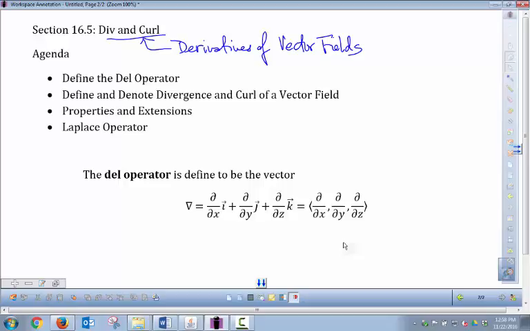A more interesting analogy would be the integral. The integral by itself is an operator. It takes in a function and then spits out another function.